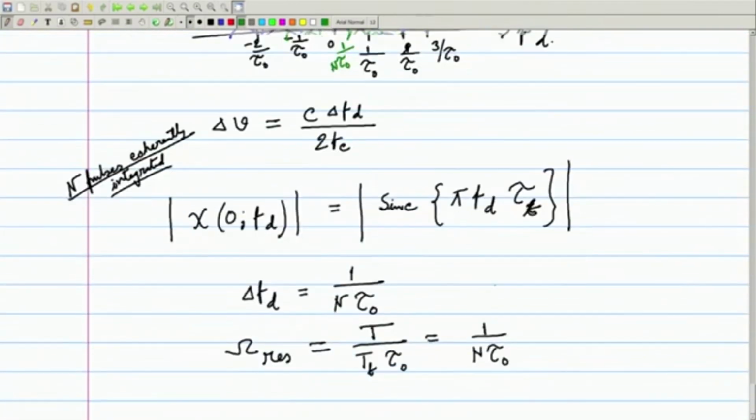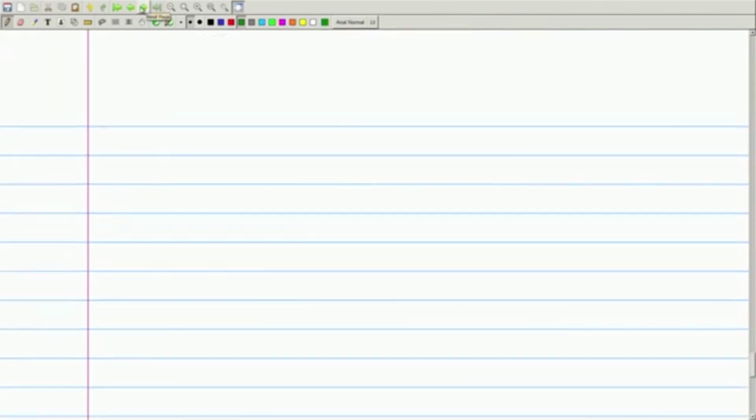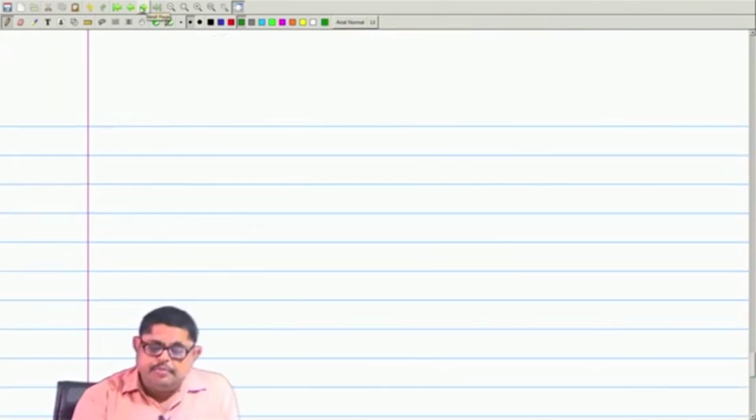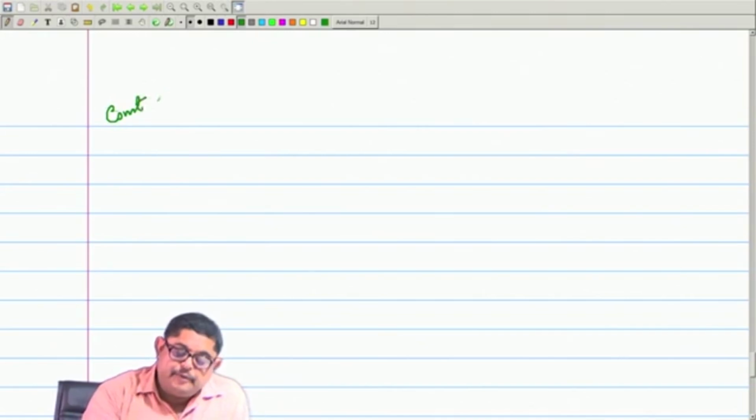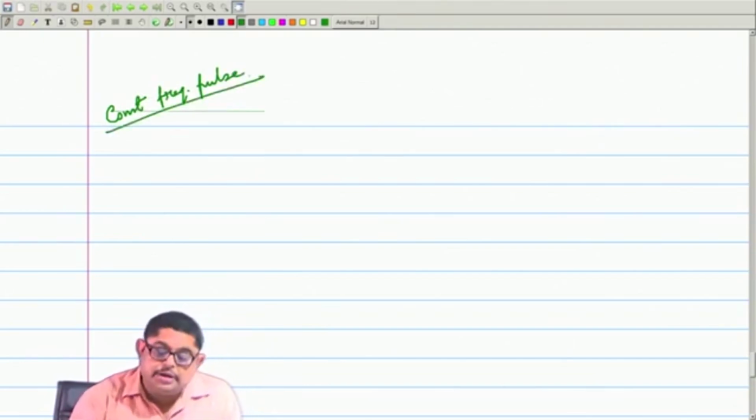We can do that calculation also, in the example we are seeing. Suppose for a constant frequency pulse, what will be our velocity resolution?